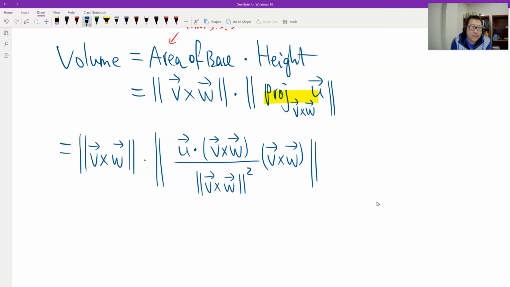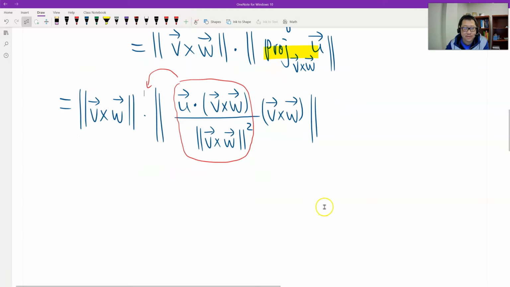Now I simplify. See, and this is the coefficient. Okay, this coefficient I can take out the side, and then I put the absolute value. So what do we have left here?